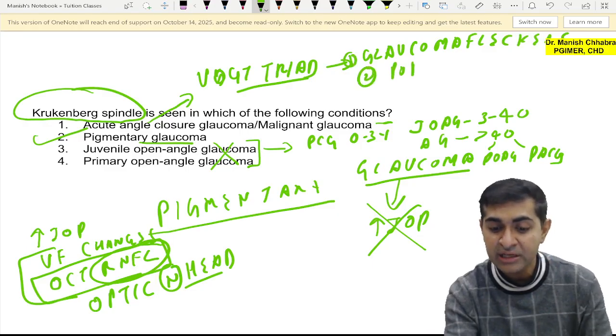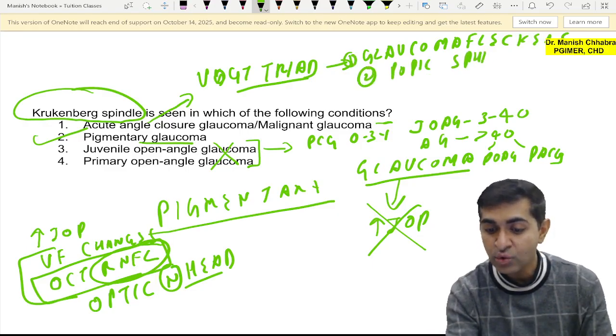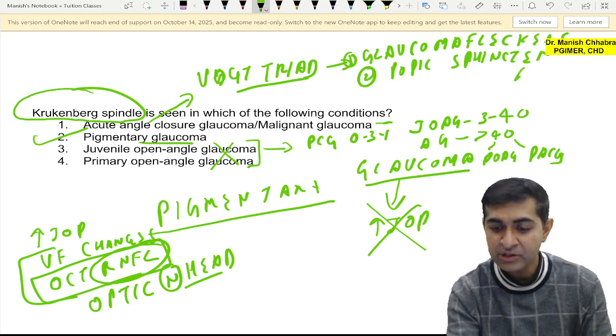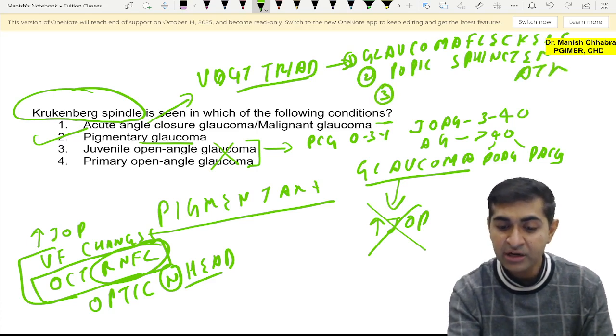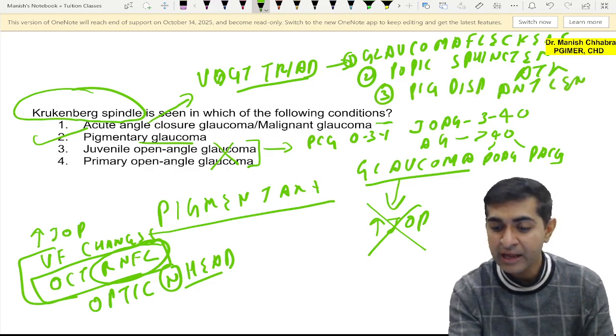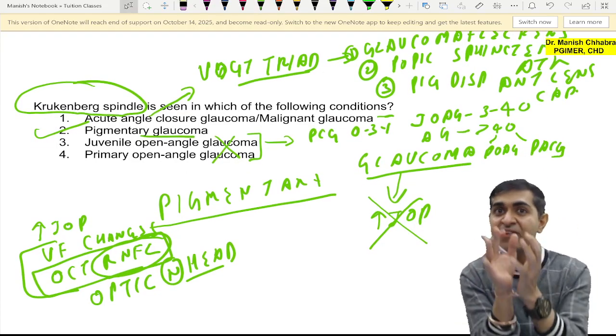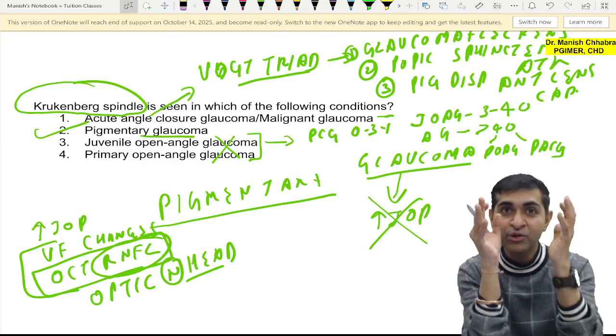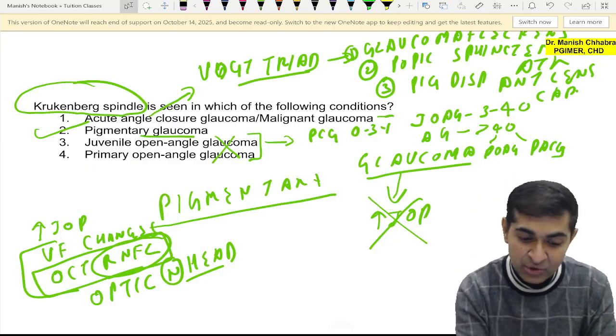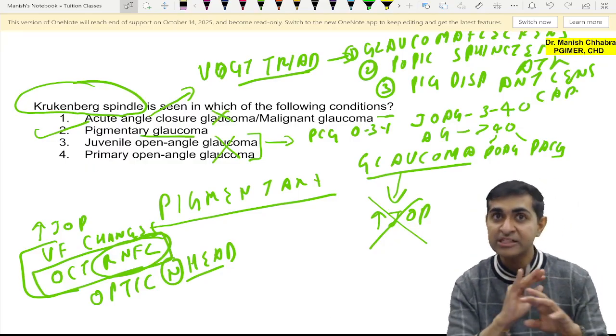Second is pupillary sphincter atrophy. And third is pigment dispersion on the anterior lens capsule. Right? So this is different from your Krukenberg spindle. So acute angle closure glaucoma is eliminated.